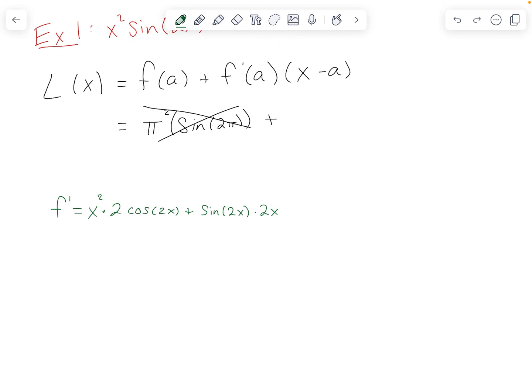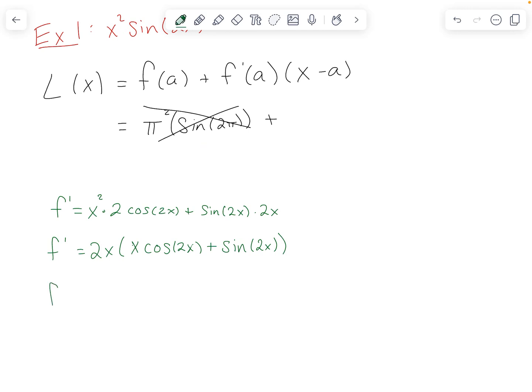So what do I have here? I could simplify this as f prime equals 2x cosine 2x plus sine of 2x. So my f of a was 0.